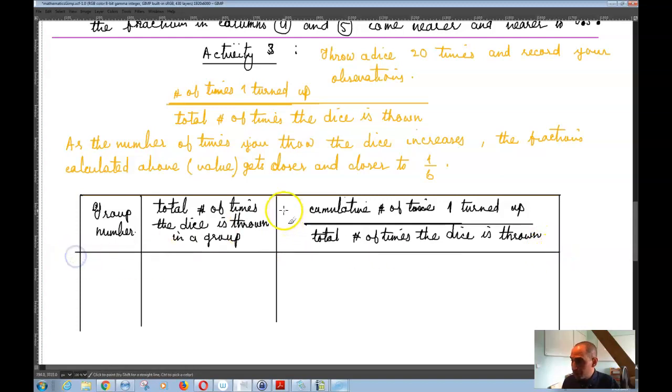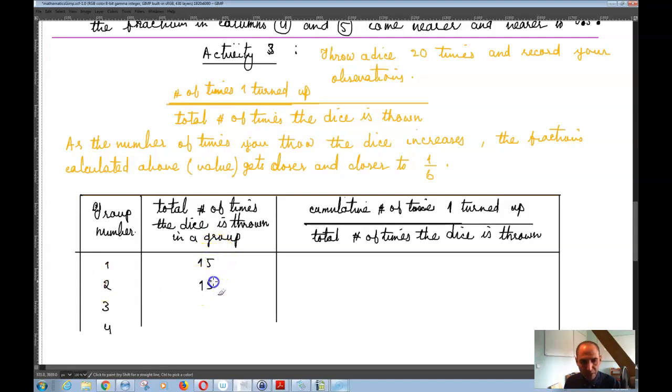So then what you would do is that, for example, let's say that you have group 1, group 2, group 3 and group 4, and over here the total number of times the dice is thrown in a group is, for example, 15 times in each group. Each group throws the dice 15 times.